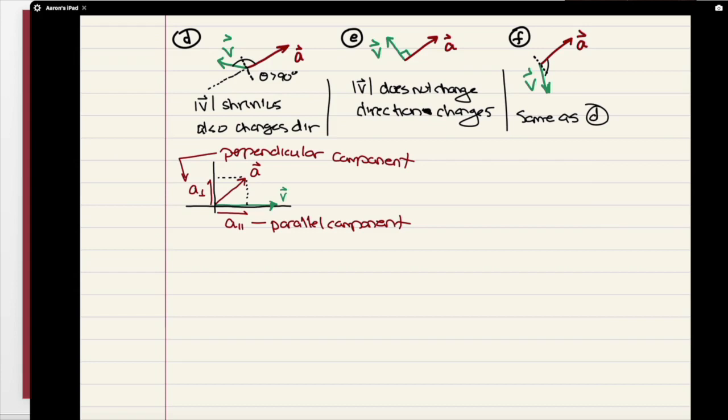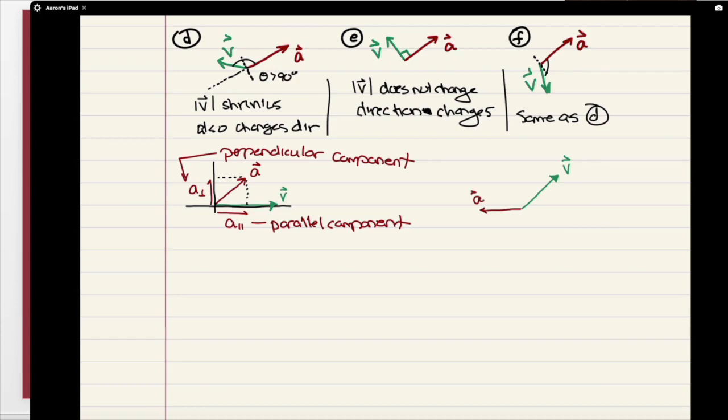And again, it doesn't have to be a nice axis like what I just drew, where it's horizontal and vertical. I could have this be my velocity vector, and suppose this is my acceleration vector.